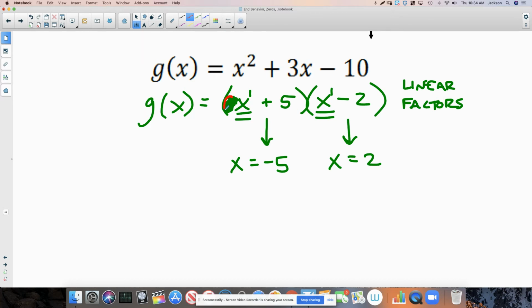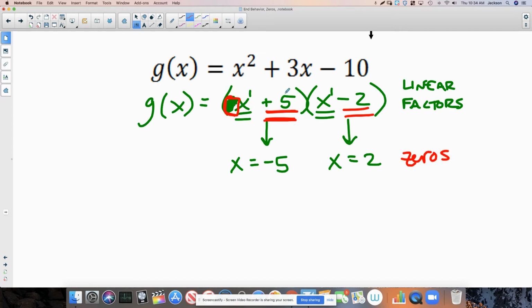There can't be something in this space. Okay, there's a 1 here. So when we write these linear factors, we automatically know that the zeros are x equals 2 and x equals -5. It's the opposite of that number. So when this is a +5, the zero is a -5. When this is a -2, the zero is a +2. Okay, these are our zeros, right?